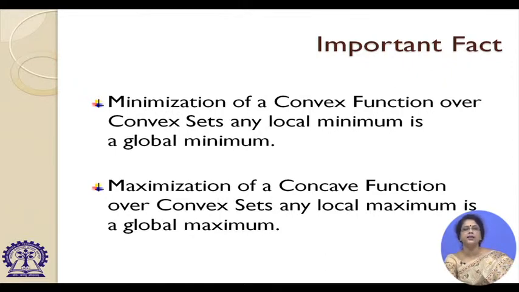It may happen that you will miss the global optimal solution in the search process. You have to be satisfied with the local optimal solution. That is why this is a very important fact for nonlinear programming problem. If you remember this fact, then very easily, looking at the functions in the nonlinear programming problem, you can declare, at least for certain cases, you are achieving the global optimal solution, which is our ultimate target.